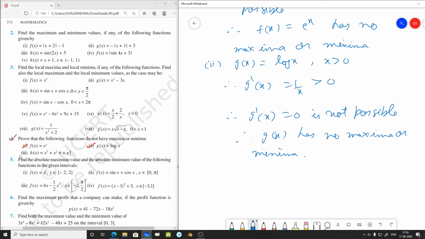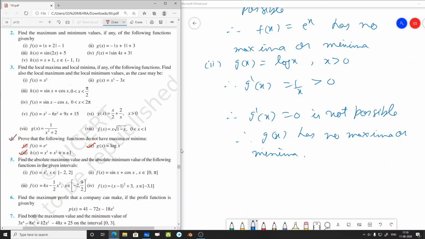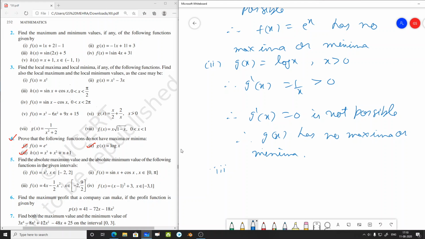Now let us go to the third part. What is the third part? The third part is h(x) equal to x cube plus x square plus x plus 1.